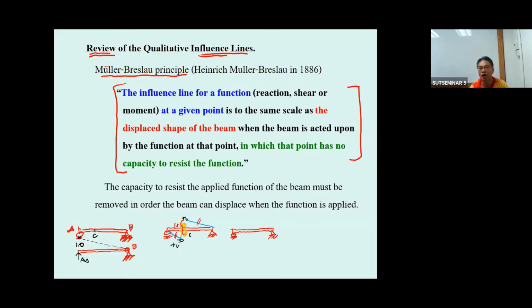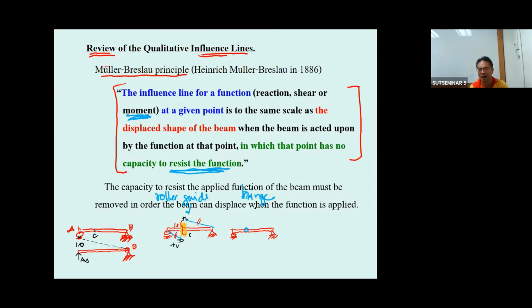When you would like to draw the influence line of the moment, you just take the resistance to the function out. Just take this one out by putting the pin. So this is, no, sorry, this is hinge. Okay, this is hinge. This is going to be the roller guide.